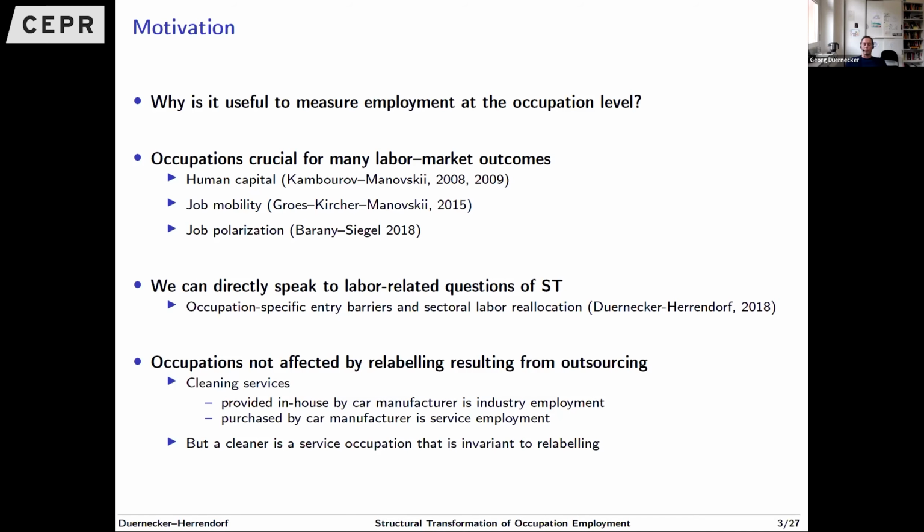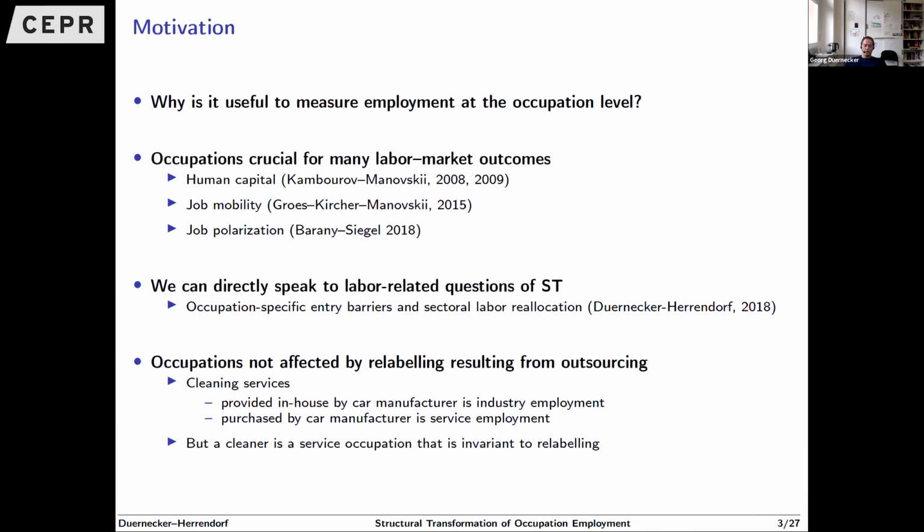Occupations also matter for mobility and for important labor market trends, for example, job polarization. Therefore, an advantage of measuring employment at the occupation level is that we can directly speak to labor-related aspects of structural transformation. For example, we have a companion paper in which we study the effects of occupation-specific barriers on the sectoral reallocation of employment.